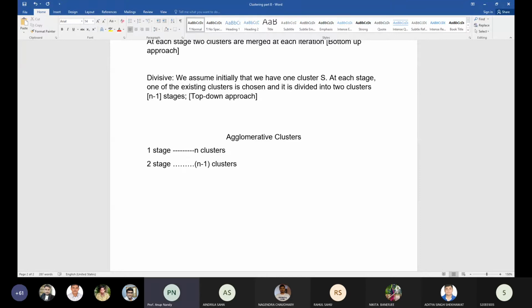Now if you just go on, then for the ith stage, how many clusters do you have? n minus i plus 1.